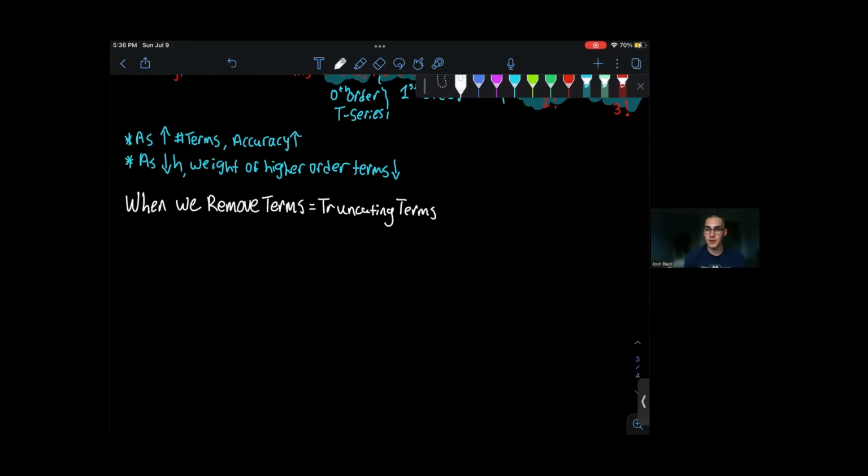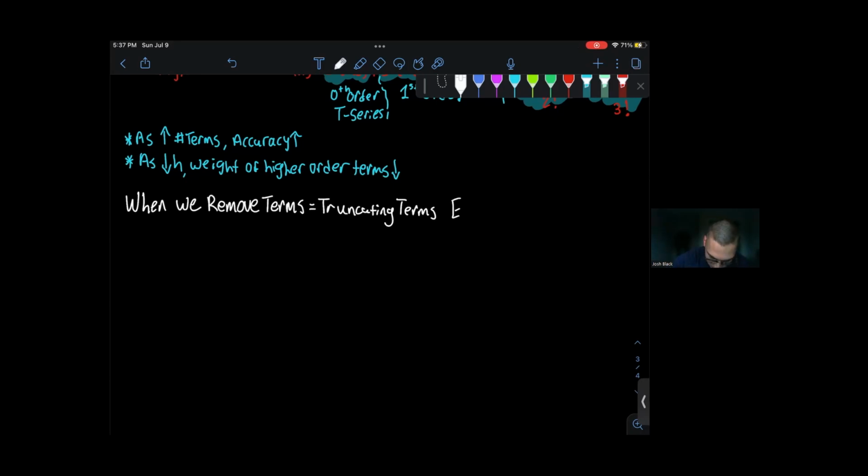When we truncate terms, this takes away terms from our equation. And in part of that, it can also decrease accuracy. Since we know the increased amount of order or the increased amount of terms causes increased accuracy, taking away those terms decreases the accuracy.